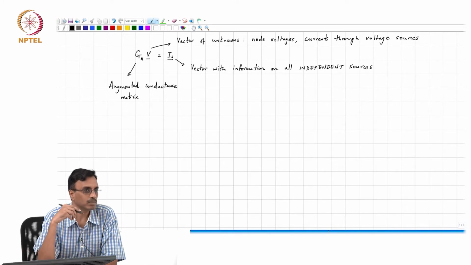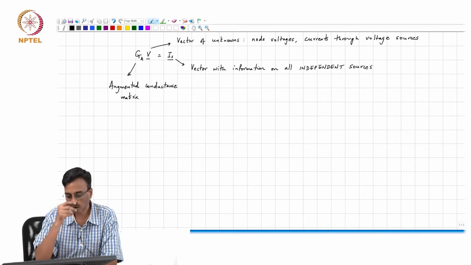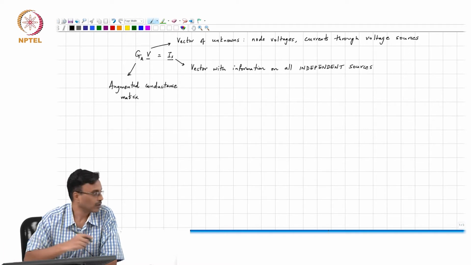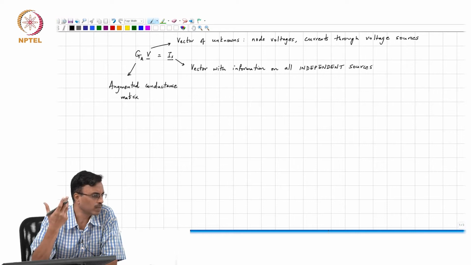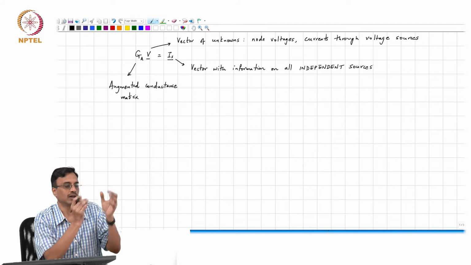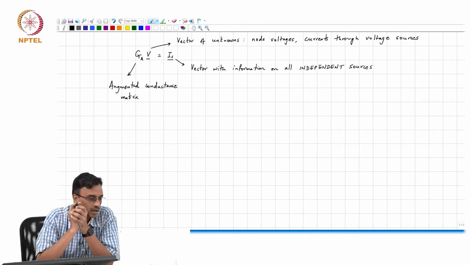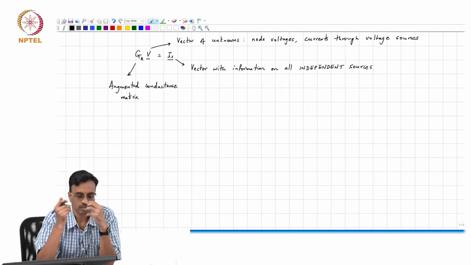Does it make sense? Even though this is called the conductance matrix, as we saw yesterday, all the entries there need not have dimensions of conductance. It's only that core part on the top left corner which will have all the conductances that are there in the network. If you had voltage sources and so on, some of those entries may actually be dimensionless.